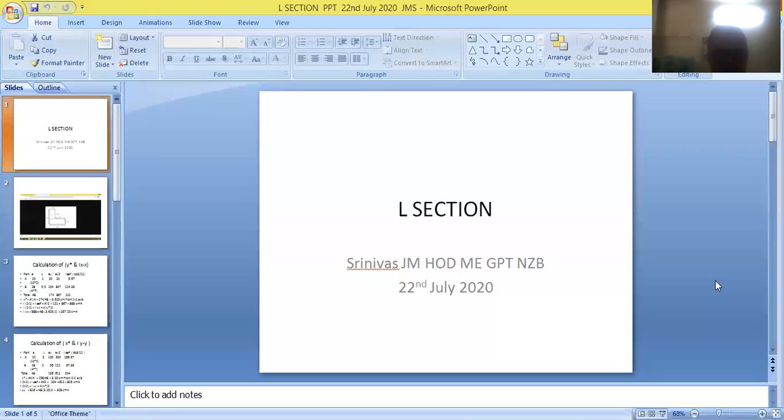As the name itself implies, this is made in the form of a letter L. The cross section of this item will appear in the form of a letter L. Therefore it is called L section.